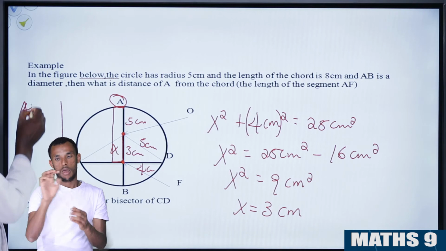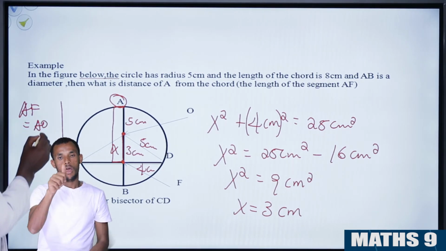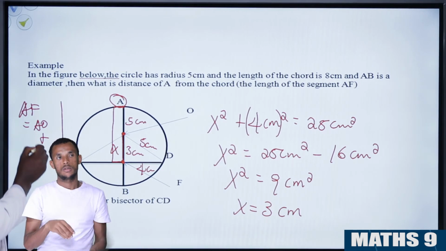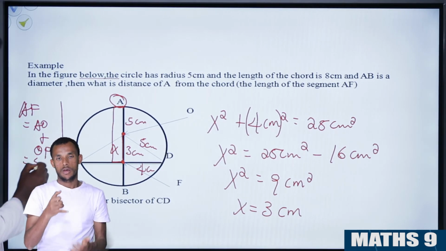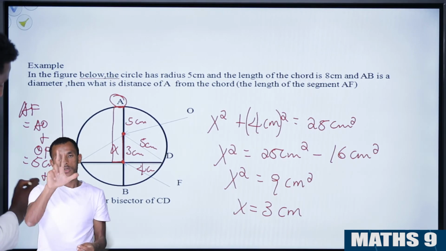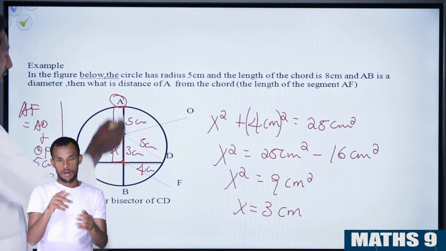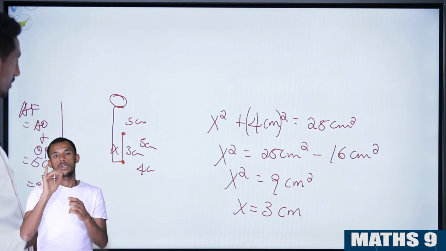That is AF equals AO plus OF, which equals 5 centimeter plus 3 centimeter, which equals 8 centimeter. So the distance of A from the chord is 8 centimeter.